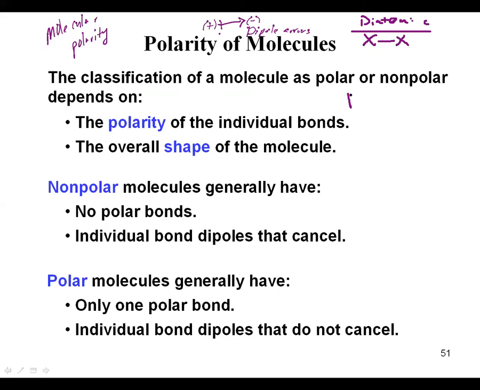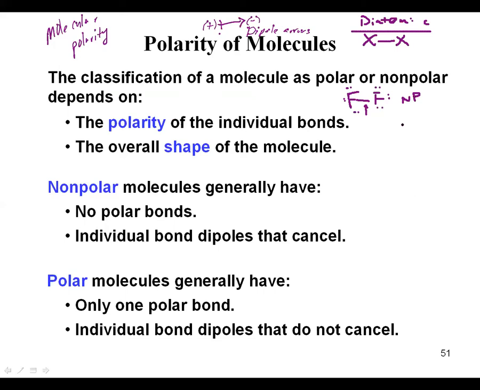So for example, if we took something like F2, when we look at this bond between F2, you know that it is a non-polar bond. And that is, again, based on their electronegativity.